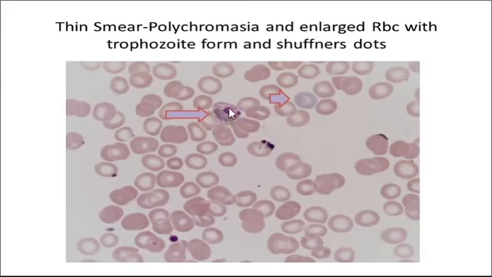And in this RBC we can see numerous tiny dots. These are known as the Schaffner's dots. You can also see the chromatin dot a little more enlarged, and the bluish gray cytoplasm of the parasite. It has increased from the ring stage to a larger form.